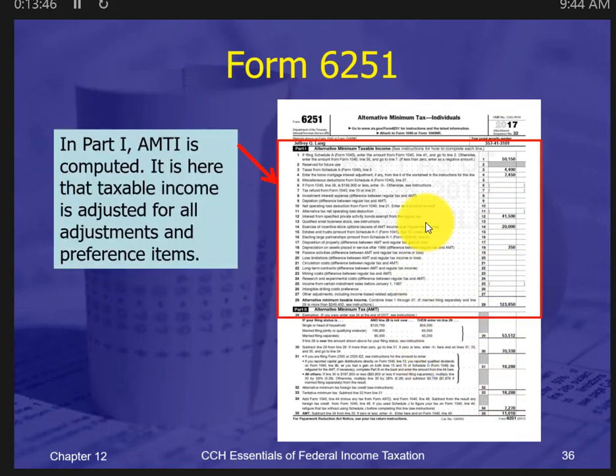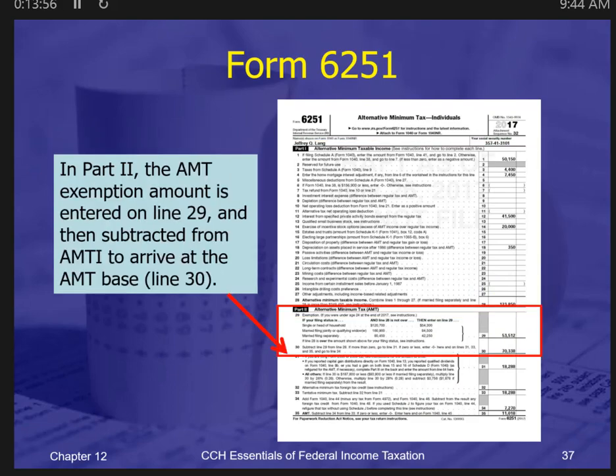So here at the top is all your adjustments and preferences. You end up with your alternative minimum taxable income. This is where you do your exemption and any phase out of that exemption, although that's not entirely clear on this form. You kind of have to do that on your own.